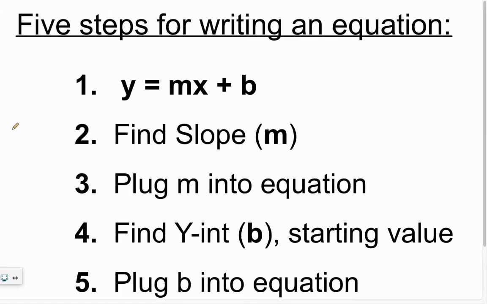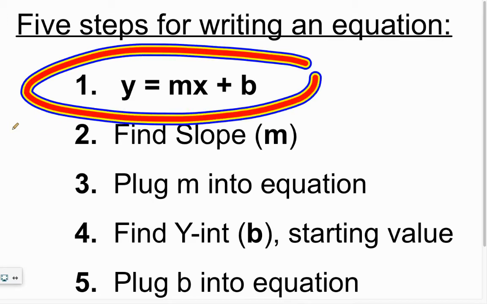For me, when we talk about writing an equation, I talk about 5 steps. So every time we're going to write down the numbers 1, 2, 3, 4, and 5, and we're going to do these 5 steps. You're not going to have to write them in this extensive form, but this is what we're talking about. We're going to start here right away with our slope-intercept form, which is what they want. And we're going to end up with our equation written that way, because once we find our slope, then step 3, we just plug that in here for the m.